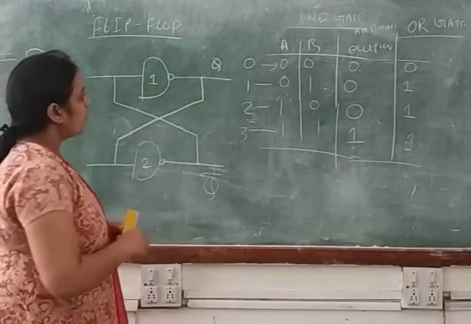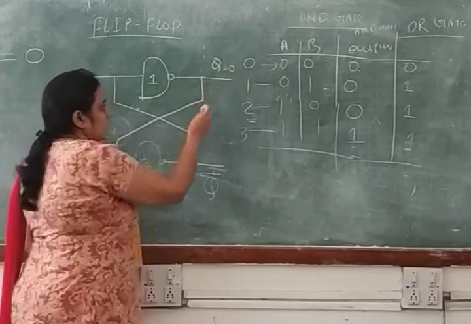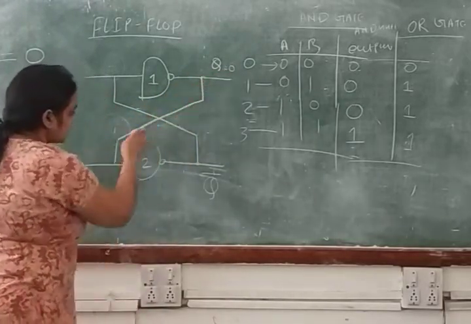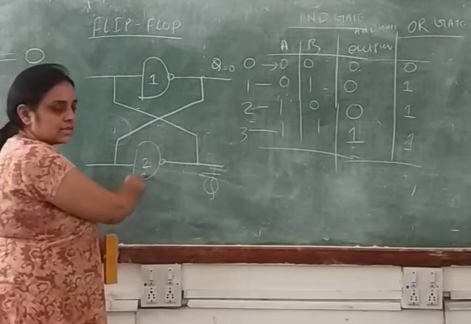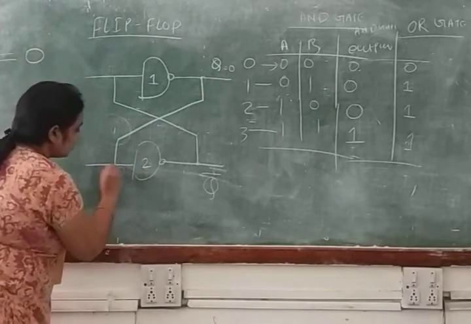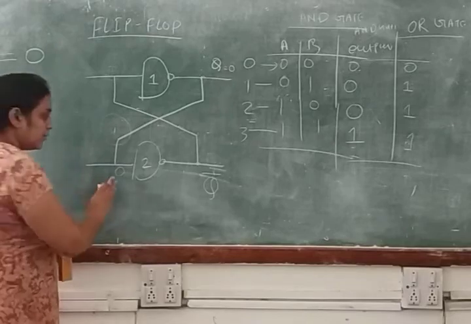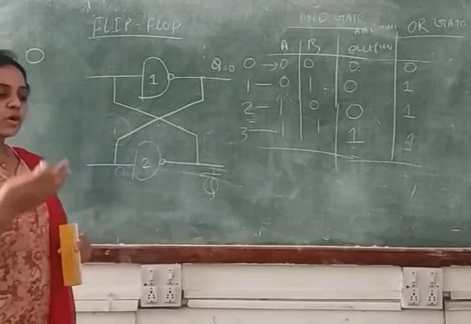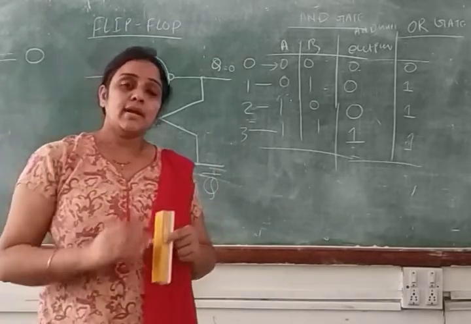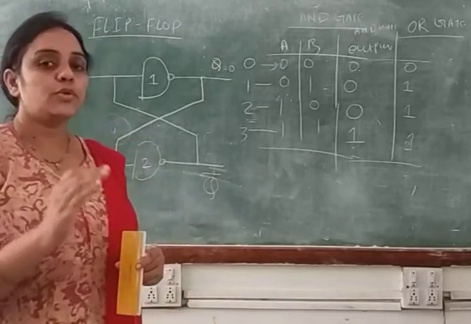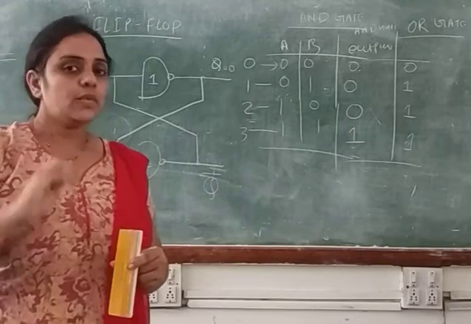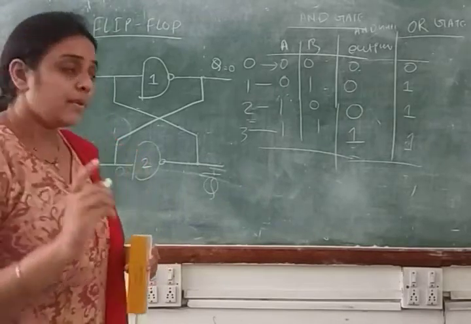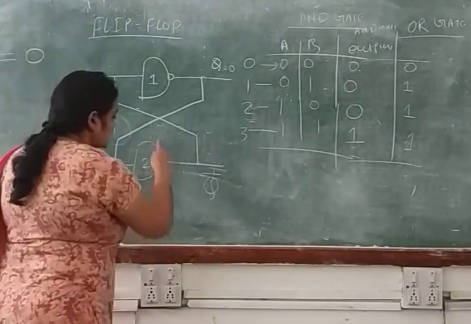If your Q value is 0 and you use that output as an input to the second NAND gate, that means here your input is 0. For solving, just assume this is an AND gate. If you provide 0 input to the AND gate, you will get output 0. But here your gate is a NAND gate.